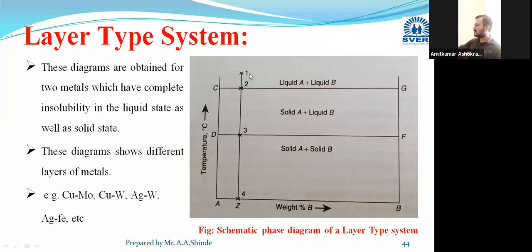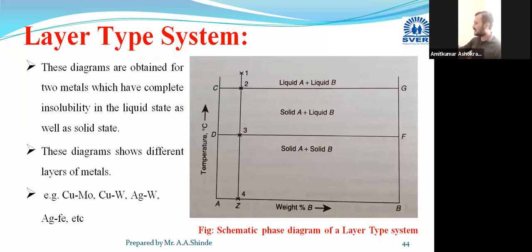Now you have to explain the cooling, from point 1 up to room temperature, that is point 4, in stages. What will happen there? In region 1 to 2, the alloy is in liquid state only. In the case of an isomorphous system, we observed that only one liquid is there.